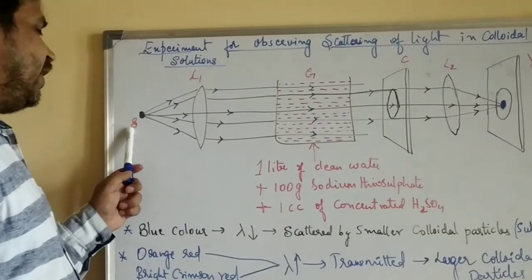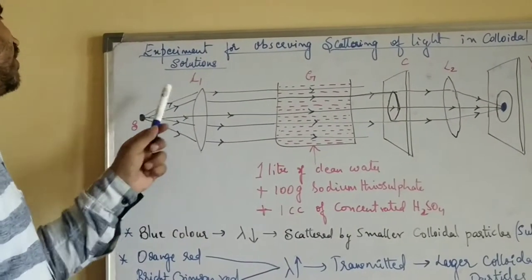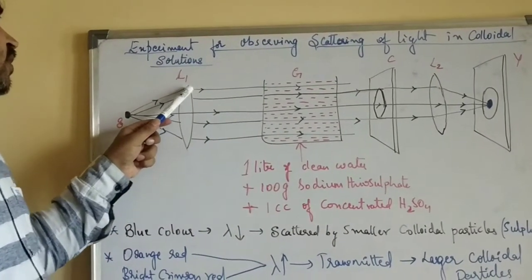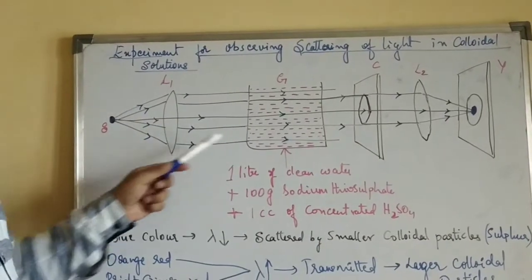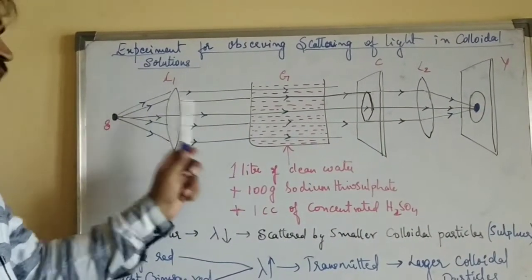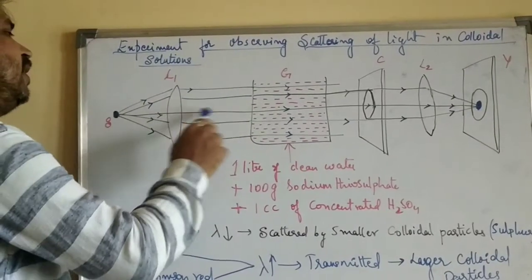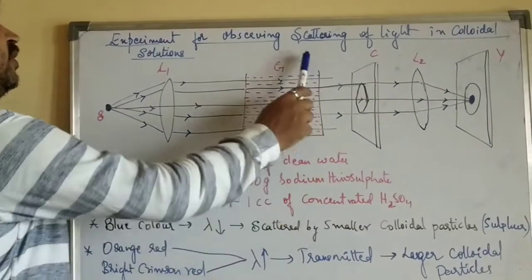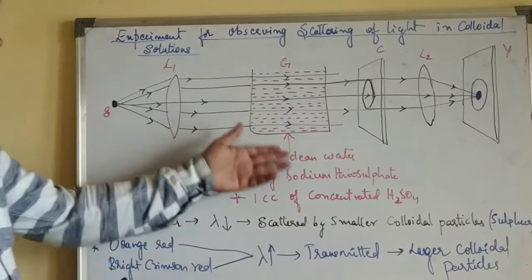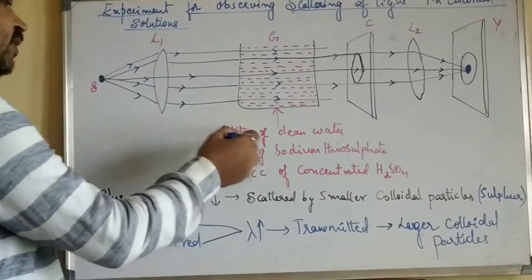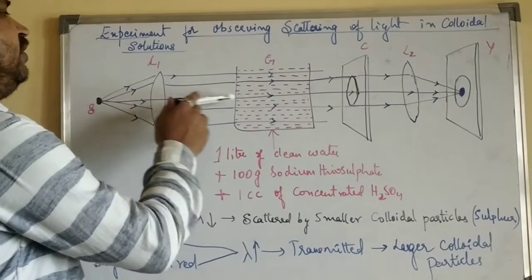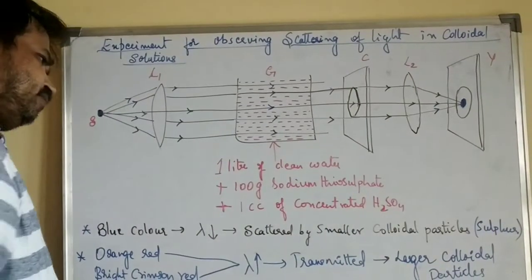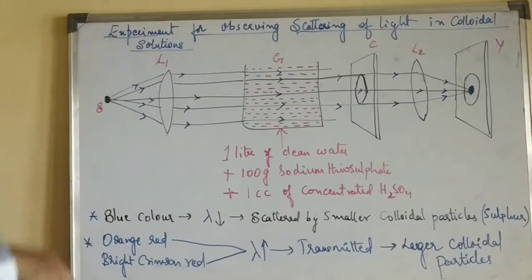Now this source of light is white light, and when it is incident on the convex lens, the convex lens is capable of sending those rays parallel. These parallel rays will travel through this transparent tank which consists of these three elements. Now this white light is made up of all 7 colors of different wavelengths.